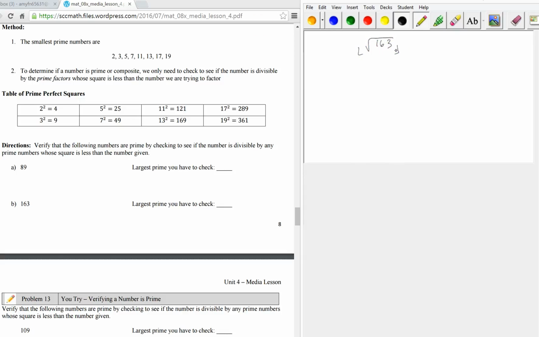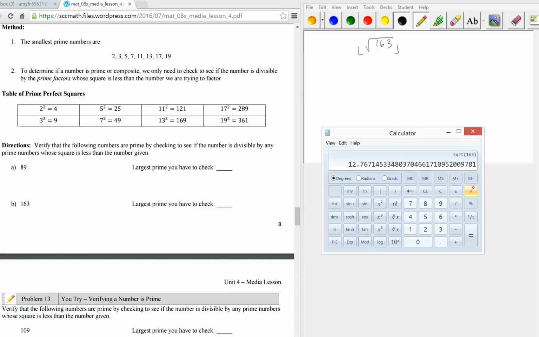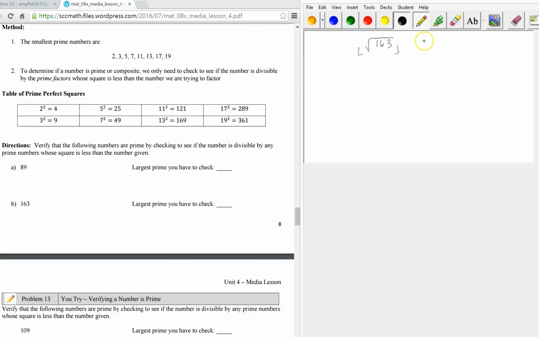Again, I wouldn't tell your students that, but I'm just trying to show you the idea. The square root of 163 is 12-ish, where the floor is 12. Okay, so that means the prime numbers less than 12 are 2, 3, 5, 7, and 11.